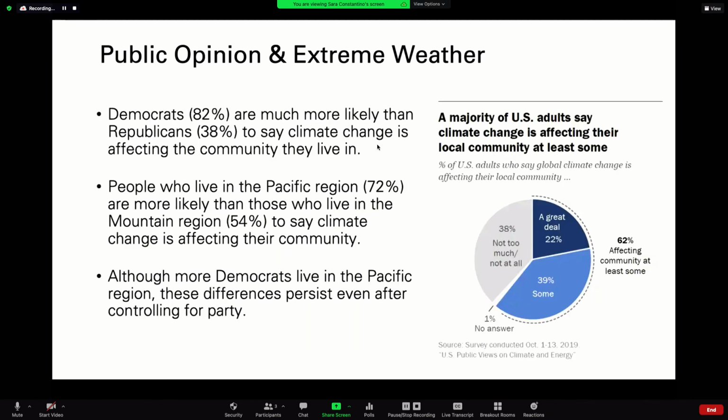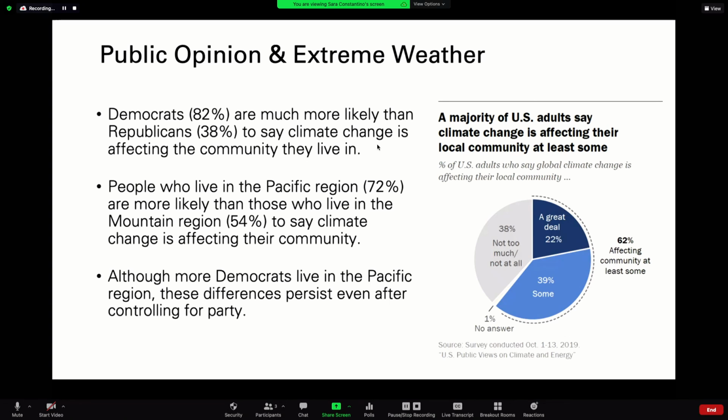Okay, so here we see 82% of Democrats are more likely than Republicans to say that climate change is affecting the community they live in. And people who live in Pacific regions, 72%, are more likely than those who live in mountain regions to say that climate change is affecting their community, right? So we see that areas more affected report that they are more affected by climate change, and that those who believe in climate change or are more concerned about climate change in general are also more likely to report this.